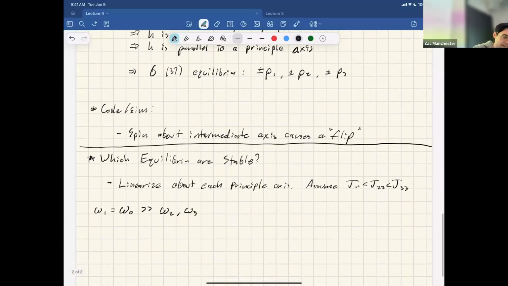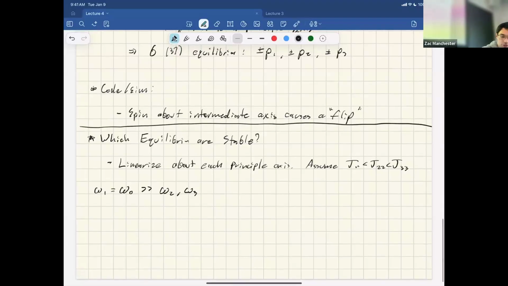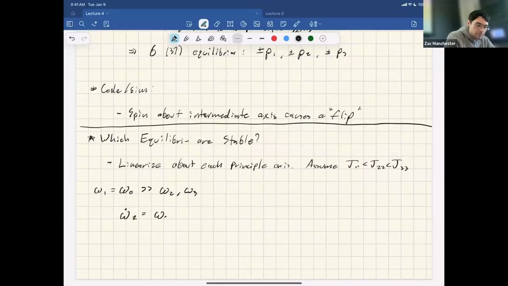So I'm just going to write that down. It's not hard to do this. That's the recipe. So we're going to get an equation for omega 2 here that looks like this. And then an equation for omega 3 that looks like this.